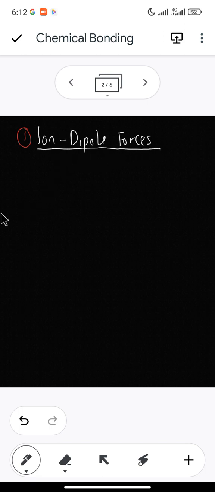This results when an ion and a polar molecule are bonded or attracted to each other.